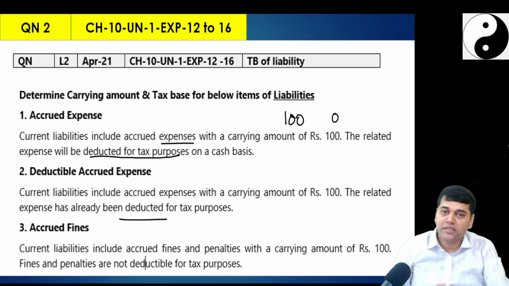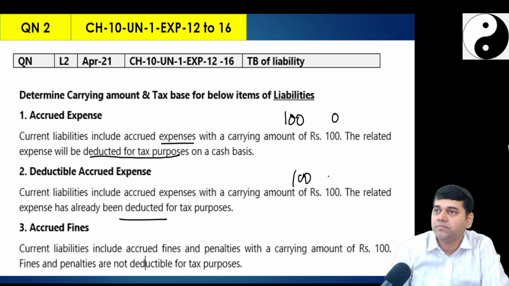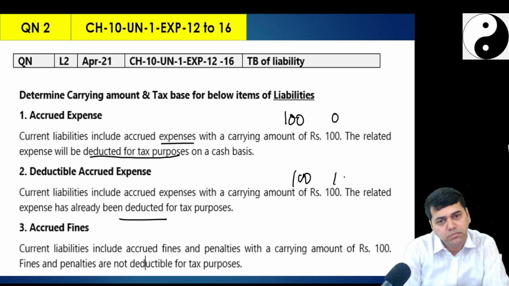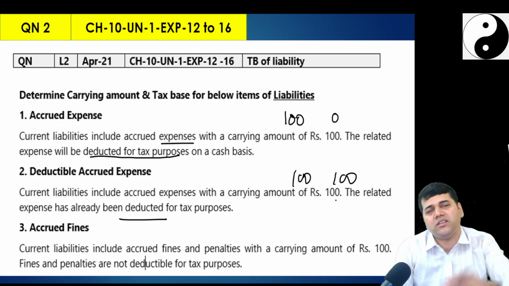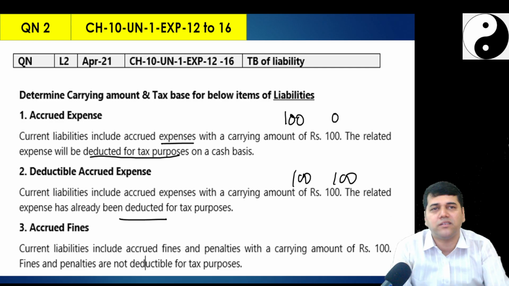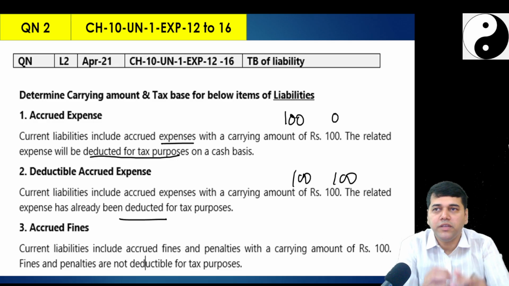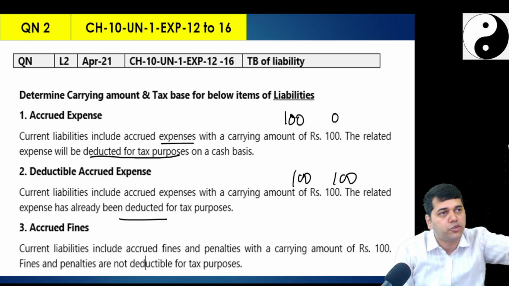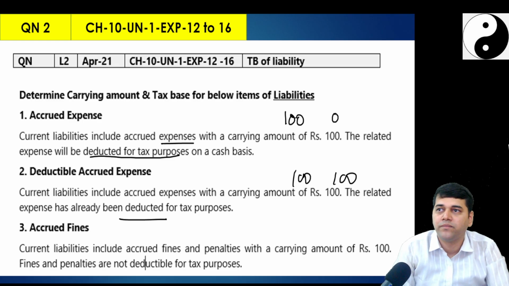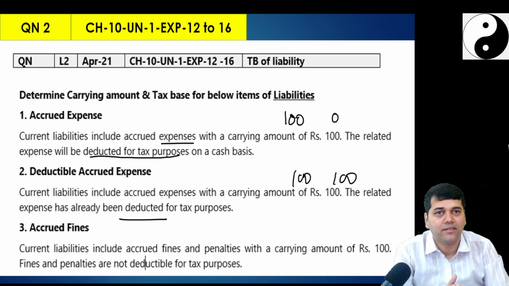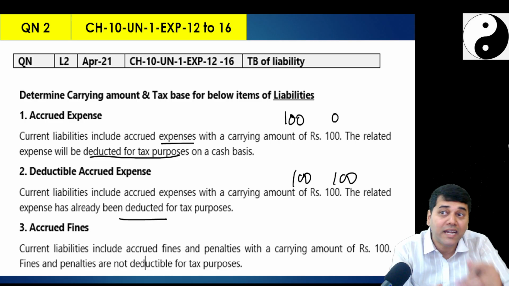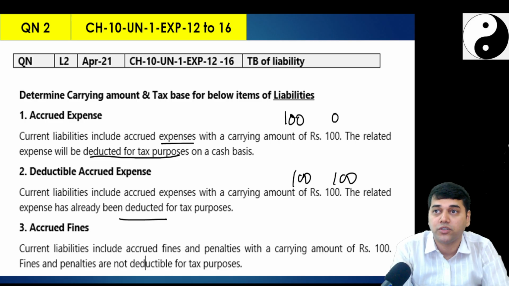So my book value is 100, and since they accepted it, tax base is also 100. Or you can call it permanent. There's no difference between what you did in books versus what you did in tax. Difference comes only if they add back. And whatever you added back, will they provide it in the future?